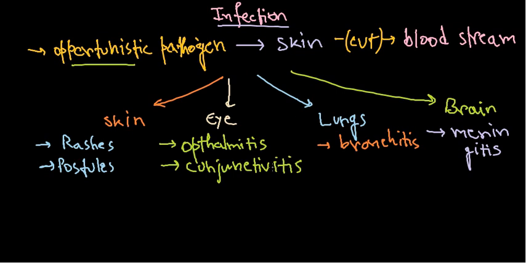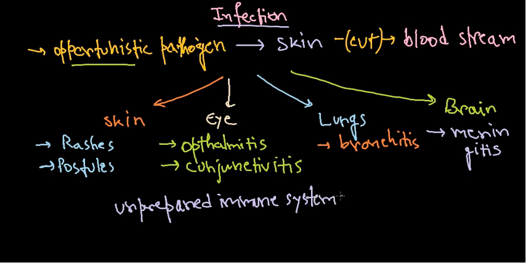And the compromised situation can be a weaker immune system, an unprepared immune system, which we can find in infants or newborns.